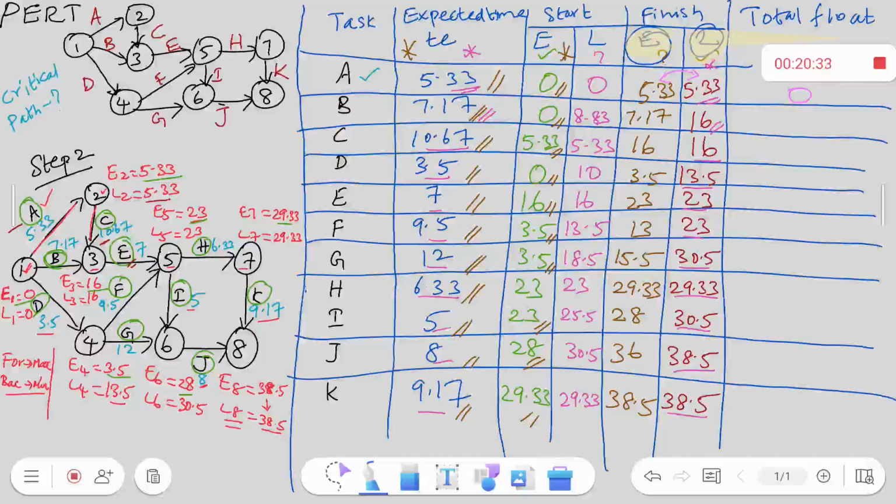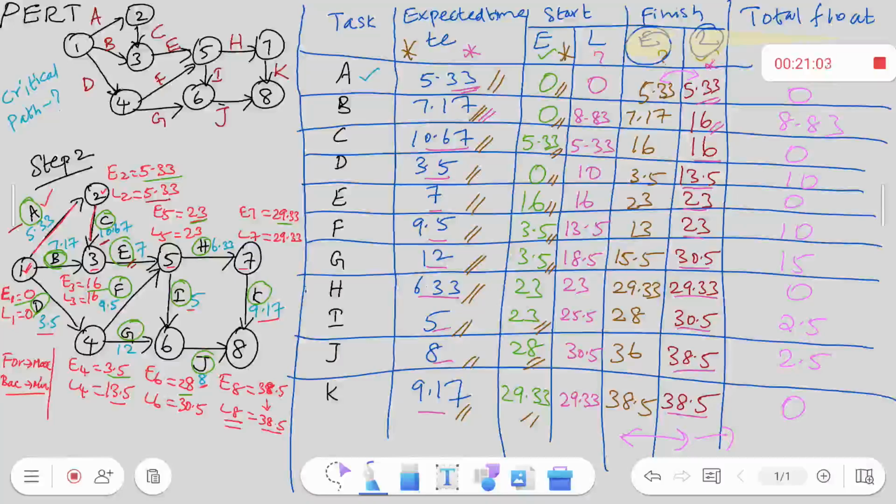16 minus 7.17 is 8.83. 16 minus 16 is 0. Here it is 10. 23 minus 23 is 0. Again it is 10 here. So I am subtracting the last two column values and writing here. Again it is 0. Then it is 2.5, again 2.5, and again 0.